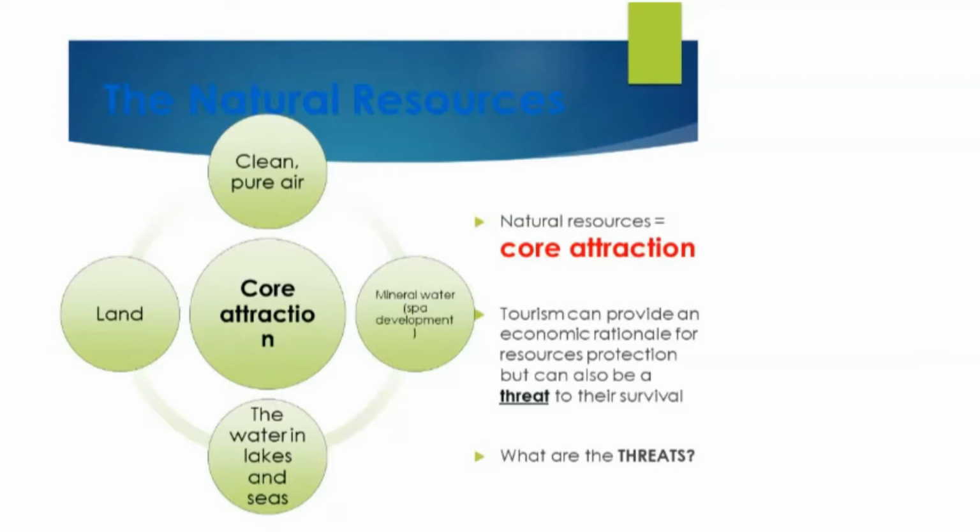Natural resources, for example, are a core attraction, consisting of clean pure water, land, mineral water, pure air, and the water in lakes or seas. Tourism can provide an economic rationale for resource protection, but it can also be a threat to their survival.